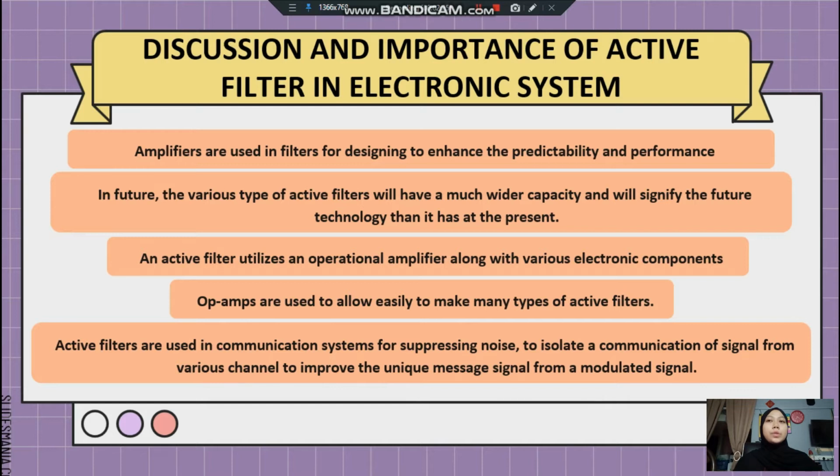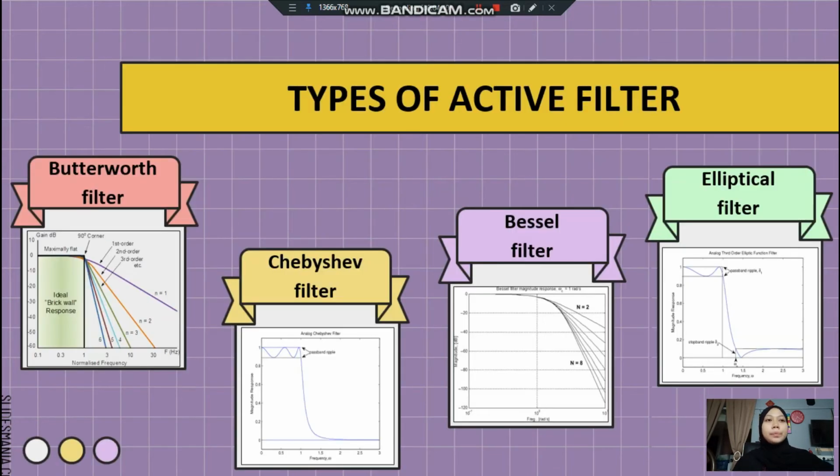Op-amps make it easy to build many types of active filter. Moreover, active filters are used in communication systems for reducing noise, to isolate a communication signal from various channels, and to improve the precision of a signal from a modulated signal.